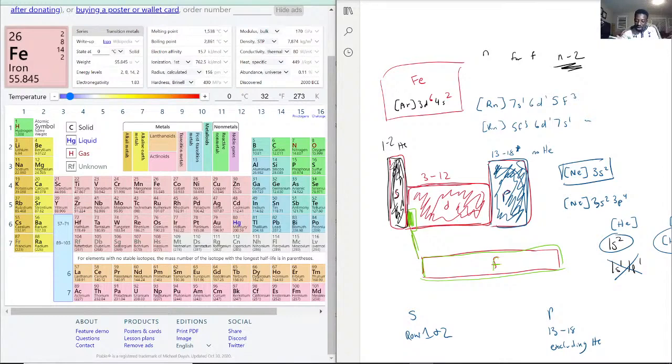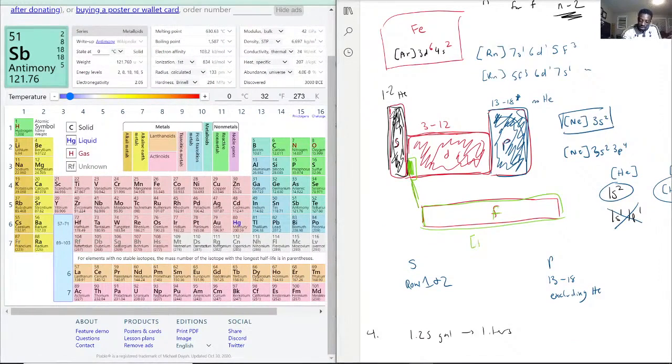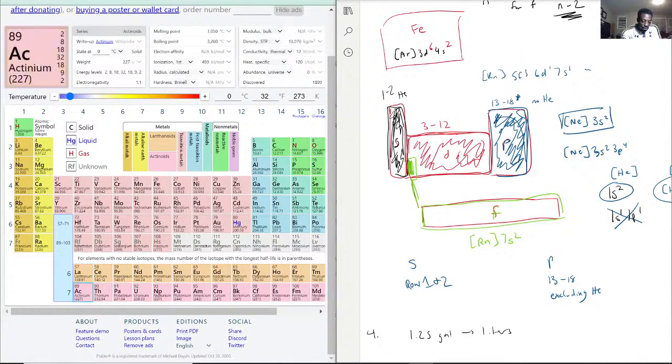So if you want to pick uranium again, let's do that fun one again. That'll be Rn starting, and then it will be 7s2, not 7s1. Rn 7s2, and then we have 6d1, because you still have to start at actinium, and then you have 1, 2, 3, 5f3.